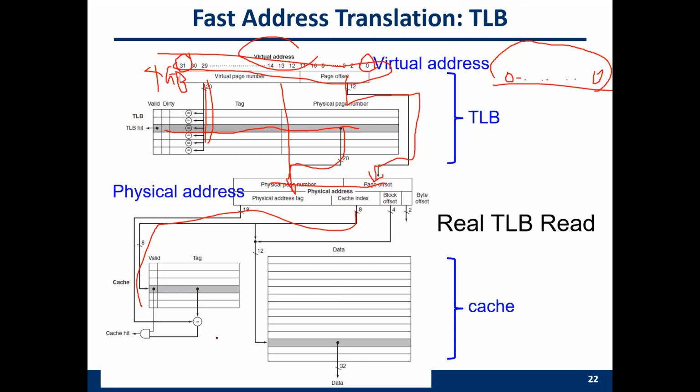But the cache is shared by all the programs. If you use this virtual address to look up the cache, two programs may find the same hit. So that's wrong. This is the reason why we use physical address to index the cache.